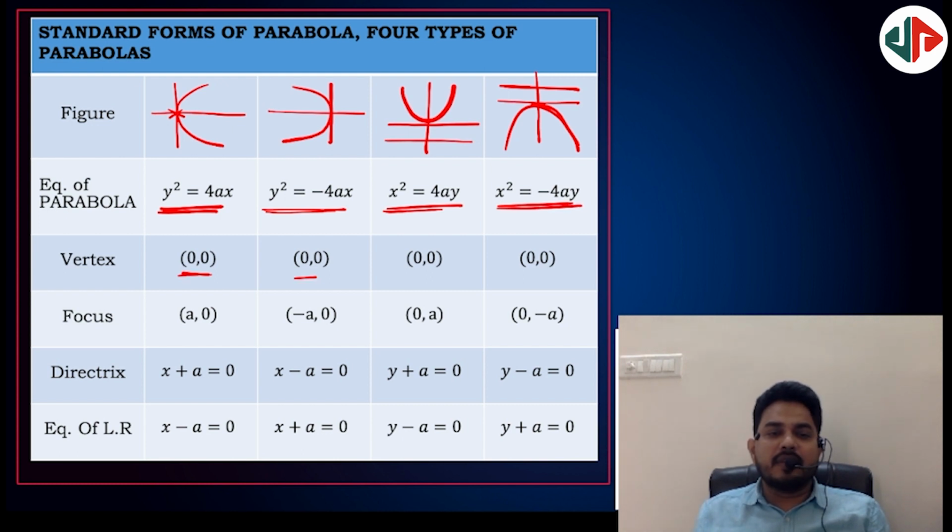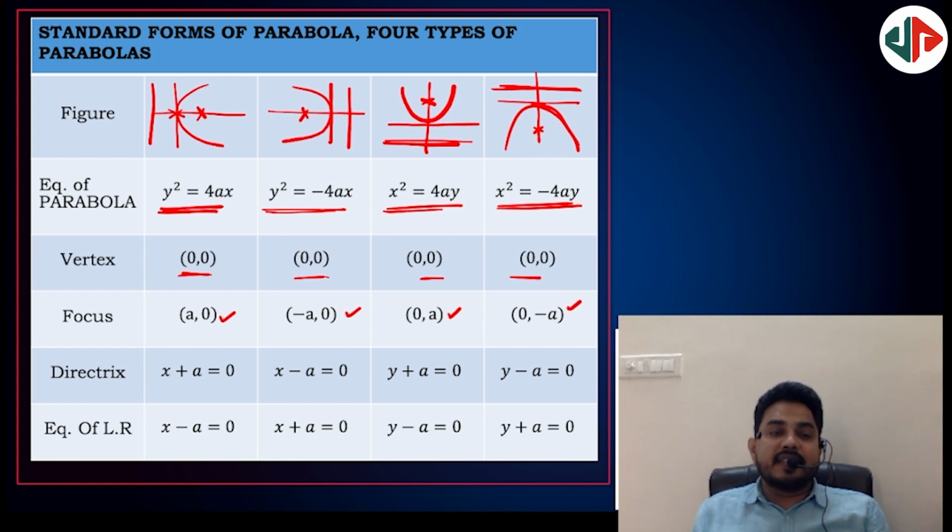The vertex is 0, 0. The focus is a comma 0, minus a comma 0, 0 comma a, and 0 comma minus a. The directrix is x is equal to minus a, x is equal to plus a, y is equal to minus a, y is equal to plus a.